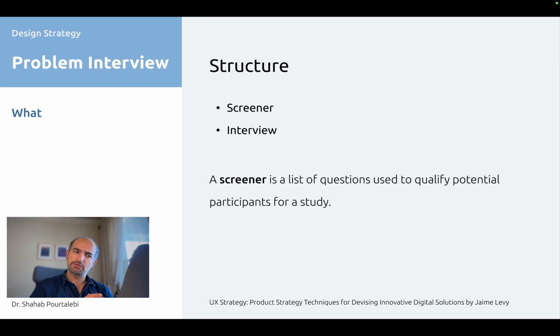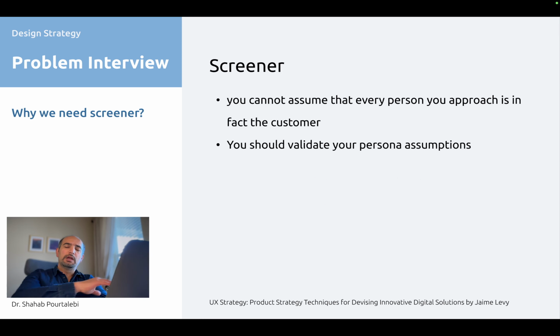Okay, but the screener question. A screener is a list of questions used to qualify potential participants for a study. The issue here is that we cannot assume that everybody there in the playground, for example, is a parent.